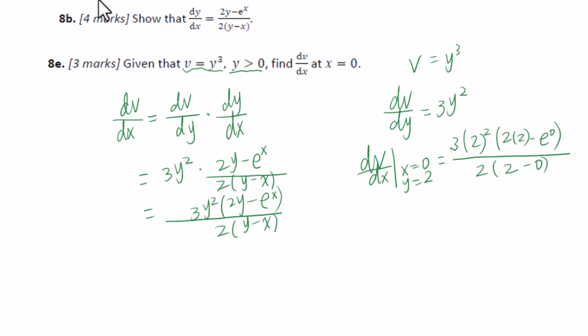Basically, we already figured out this is 3 over 4. So we get 9. In other words, dv by dx at x equals 0 equals 9.